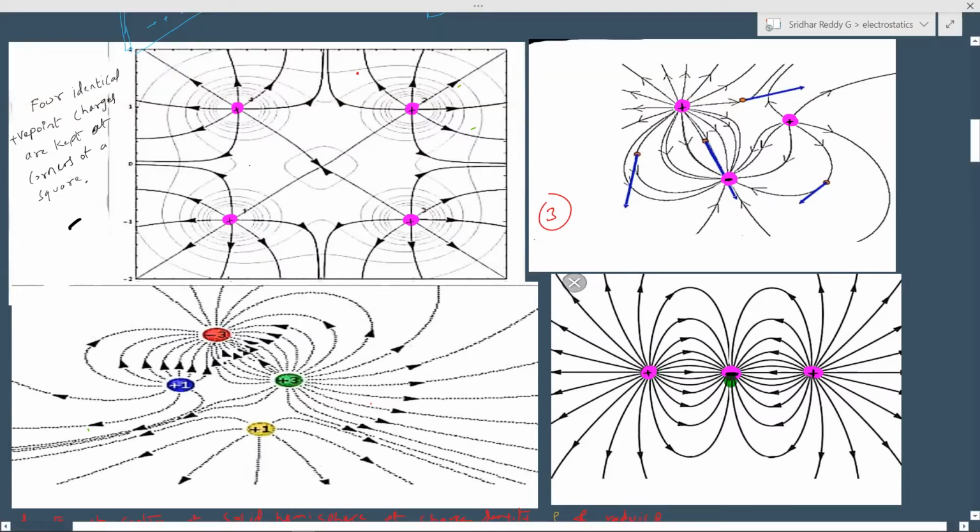There's a positive point charge, negative point charge, positive point charge. The force of interaction between the point charges is given by these lines of force, because the lines of force should originate at a positive point charge and terminate at a negative point charge. So there's one rough idea about how to draw the lines of force.